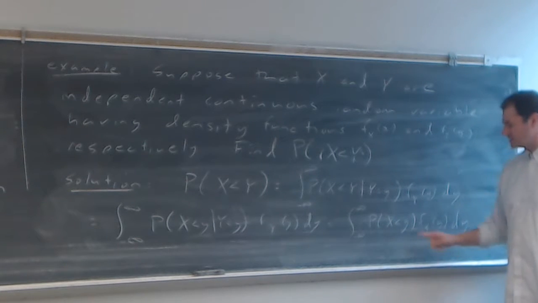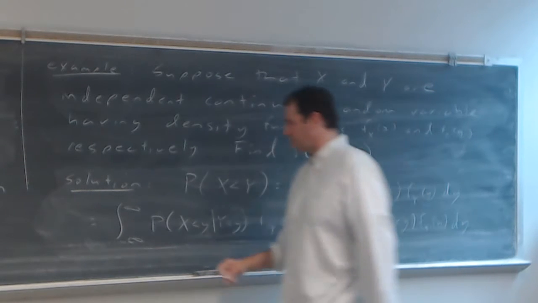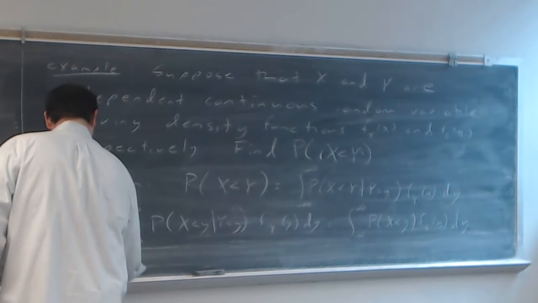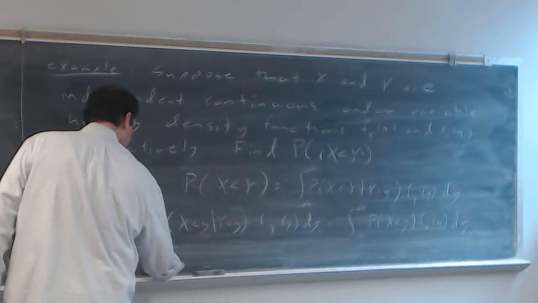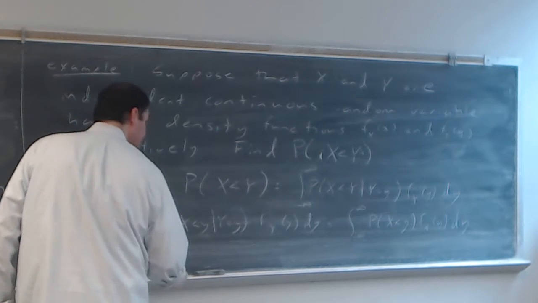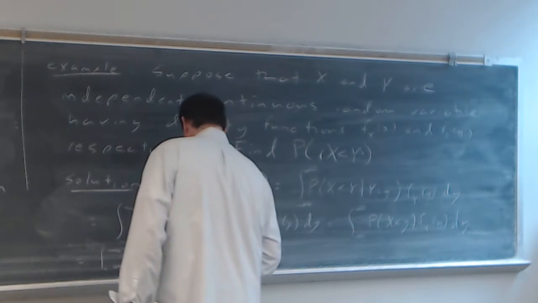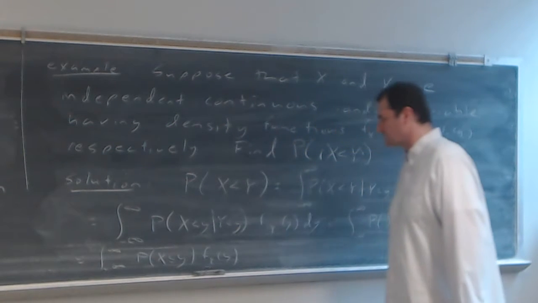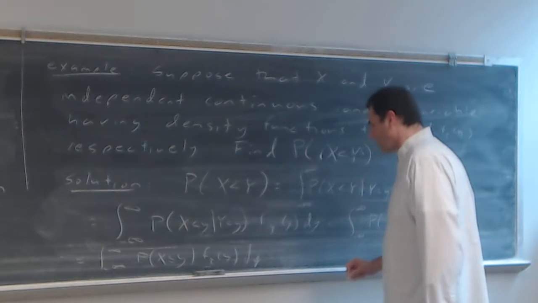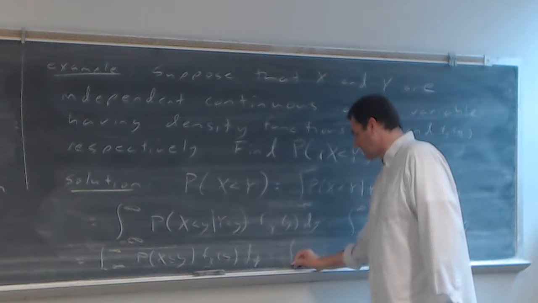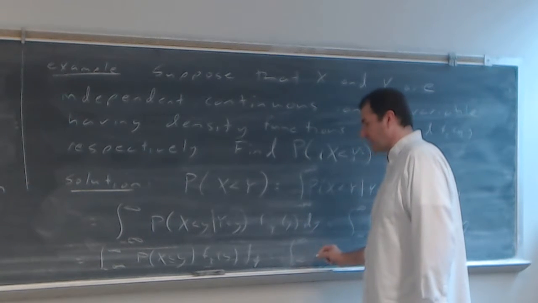Now, because X is continuous, being less than y is the same thing as being less than or equal to y. This is equal to the integral from minus infinity to infinity of the probability that X is less than or equal to y times f sub Y of y dy. Now, the probability that X is less than or equal to y can be represented by its CDF.